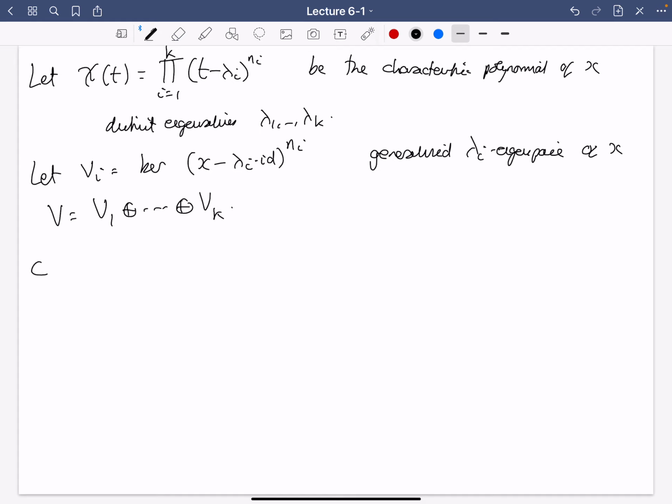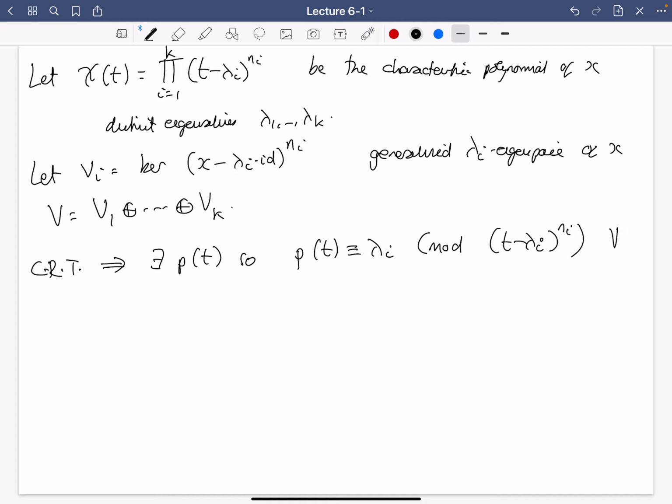Now what you do is you use the Chinese remainder theorem to show that there exists some polynomial p of t so that p of t is congruent to lambda i modulo (t minus lambda i) to the n i for all i. These different maximal powers of linear factors are all relatively prime, so you can solve that system of simultaneous congruences. That's the Chinese remainder theorem.